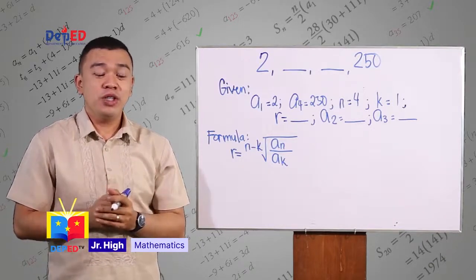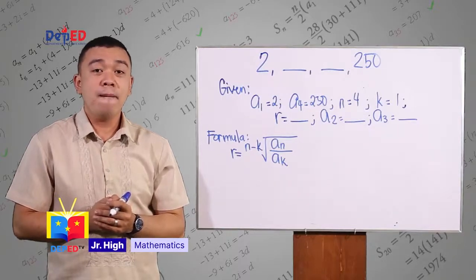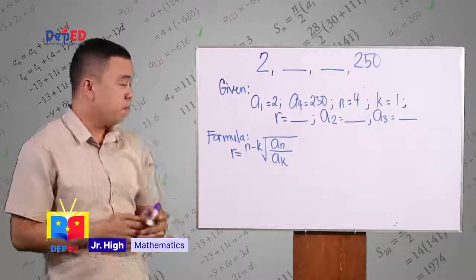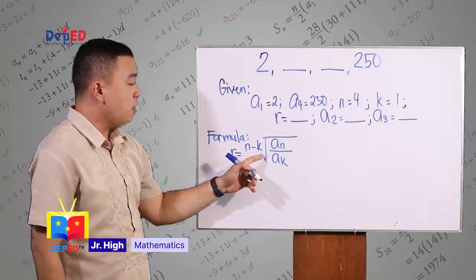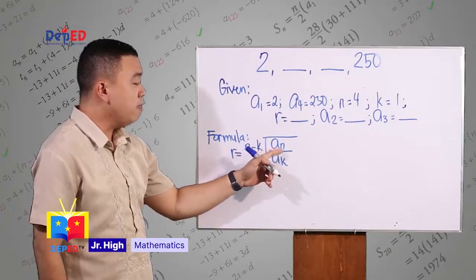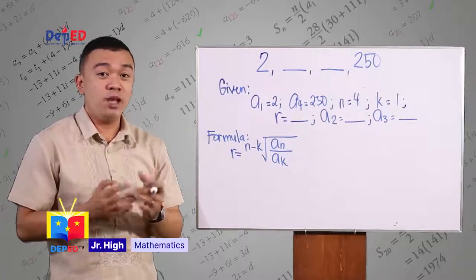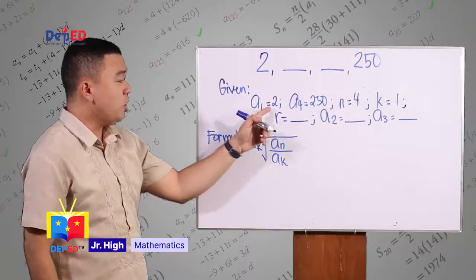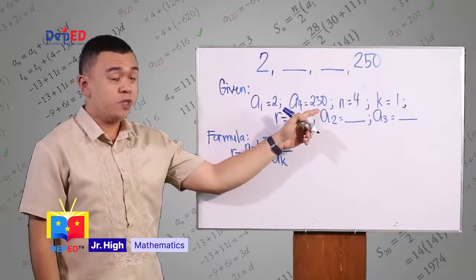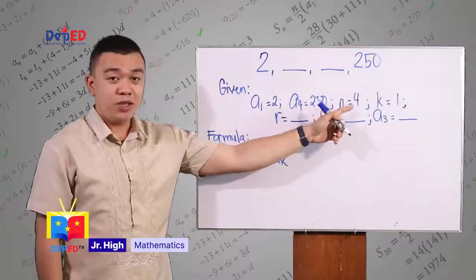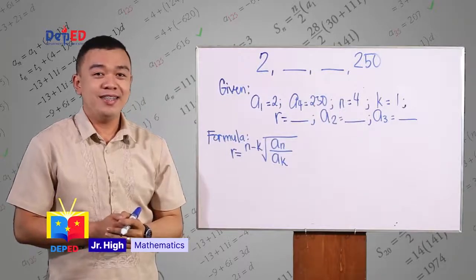So, to insert terms, let us identify first the common ratio by using the formula r is equal to the (n minus k)th root of a sub n over a sub k, with the given a sub 1, which is equal to 2, a sub 4, which is equal to 250, our n, which is equal to 4, and k, which is equal to 1.